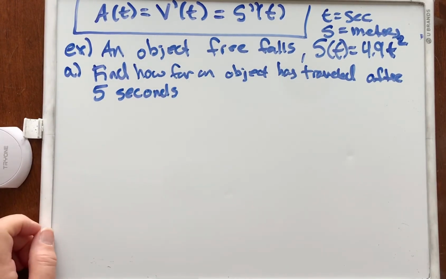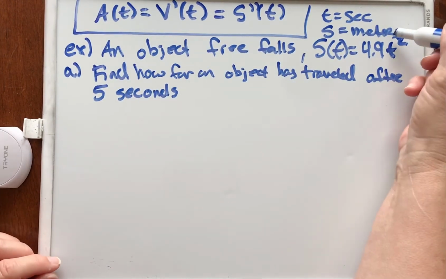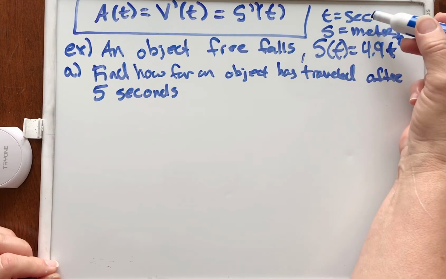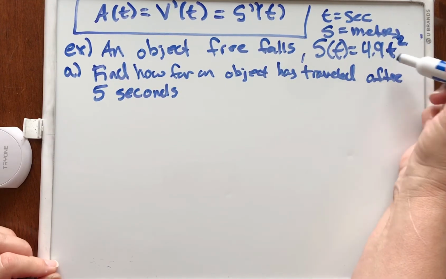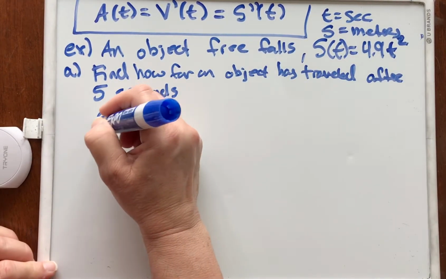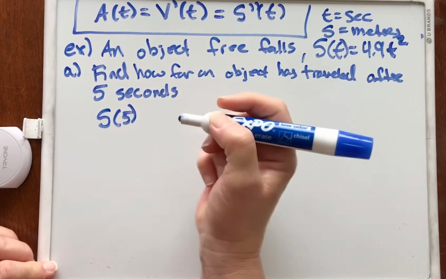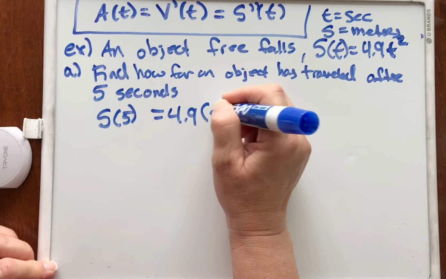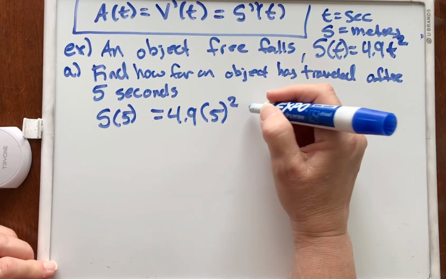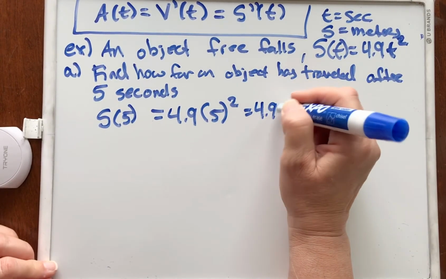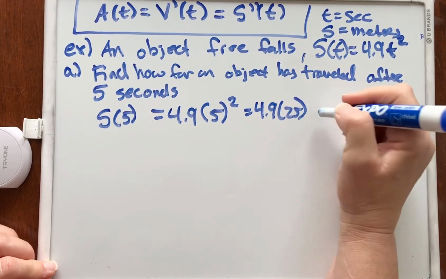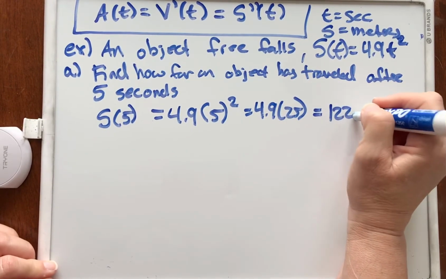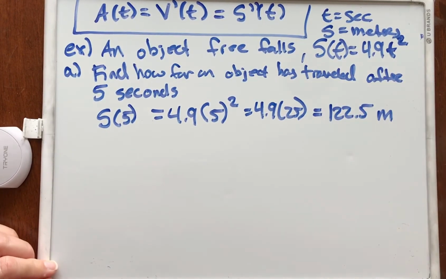All right, so we're looking how far. S is in meters, and we know we have 5 seconds, so we're going to use this right here. So we have S of 5 equals 4.9 times 5 squared, which is 4.9 times 25, which is 122.5 meters.